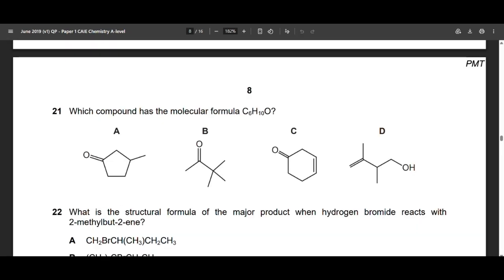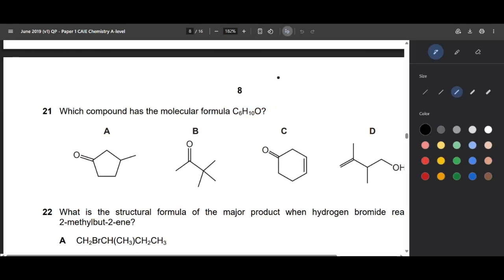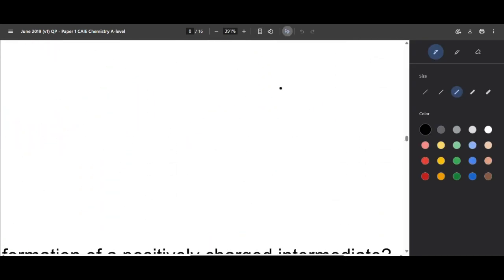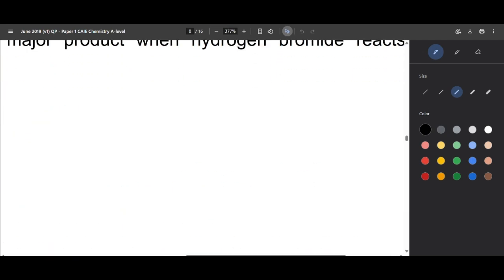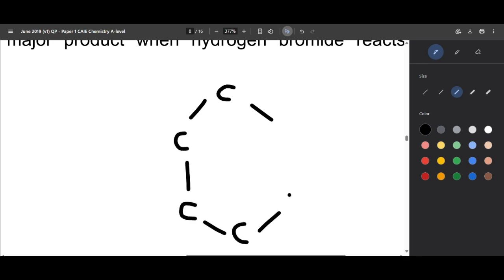So we move to the next question. Which compound has the molecular formula of C6H10O? So let's draw it first. I'll draw it here. So C6 is like this, and we'll bond in here.